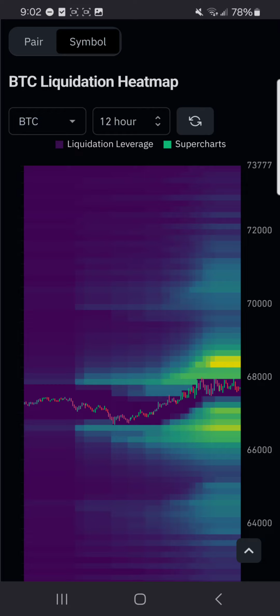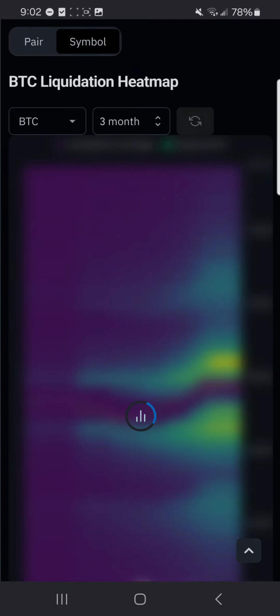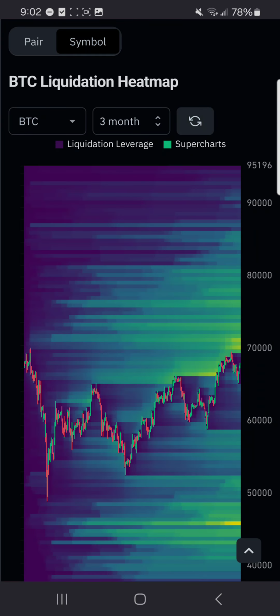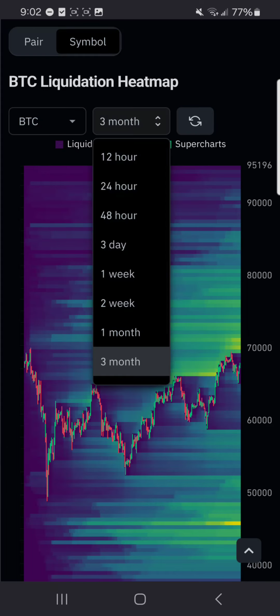Some people like George look at this chart on a different time frame, maybe the 3 month, and then you'll see all this leverage up here, 122 million shorts up there. It's like, that's not real. Okay, it's not really real.